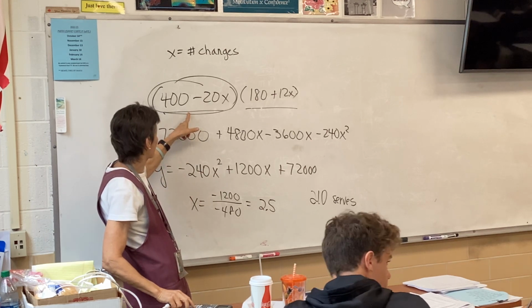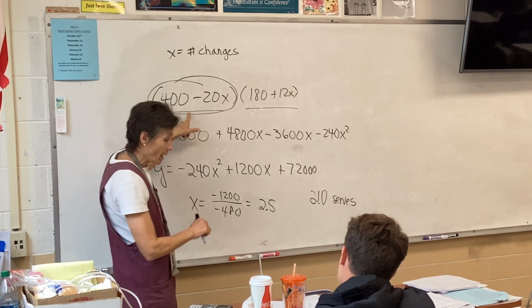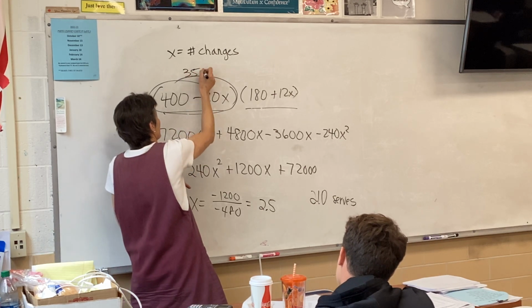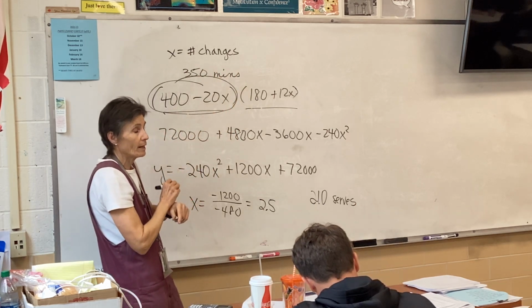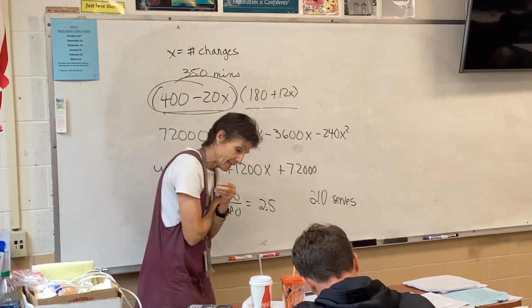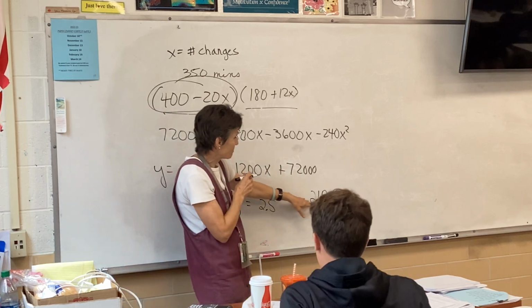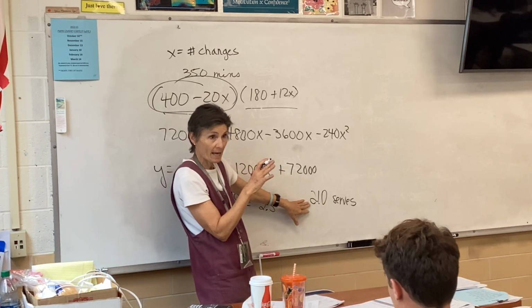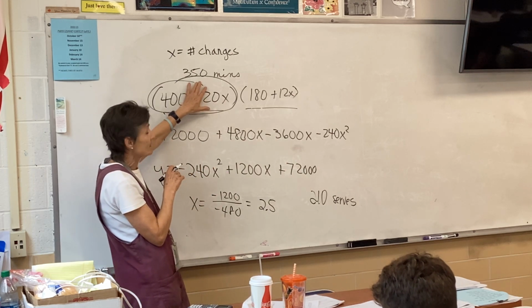How did you get 12 divided by negative 40? 350 minutes? I don't know. So you're exactly right. I gotta read the problem. Find the number of minutes that will maximize the number of serves. So the maximum number of serves is 210, and the minutes that will produce that is 350.